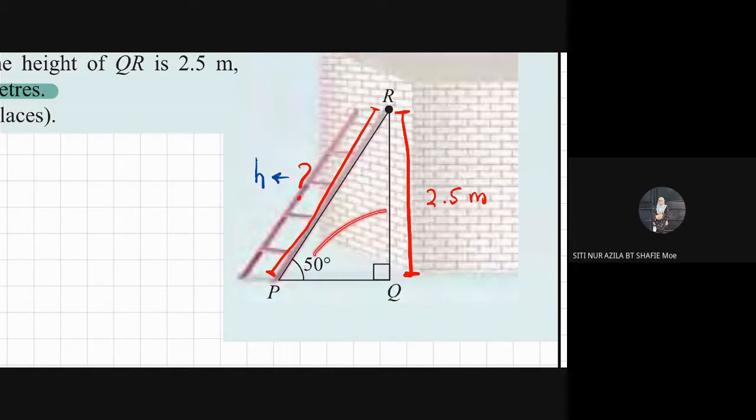Now, 2.5. Is this the adjacent side or the opposite side for your 50-degree angle? You can write O or A. 2.5 here now is O or A. Opposite or adjacent for your 50-degree angle.